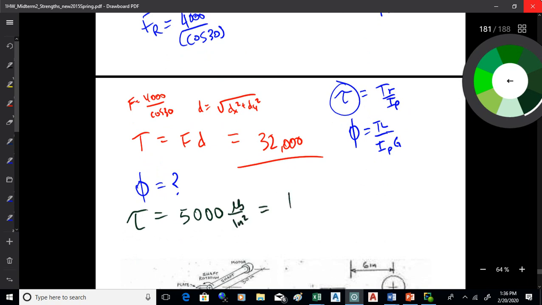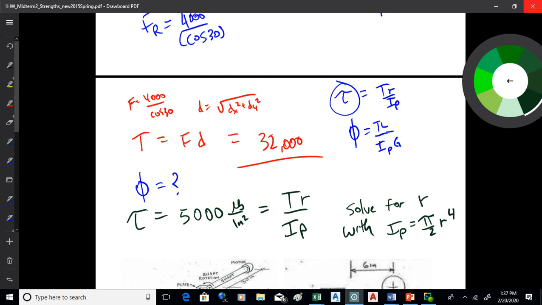Now that equals, of course, the torsion times the radius divided by I, and you can then solve for R, because you know that I sub p is pi over 2 r to the 4, right? So you can solve for r using that relationship.